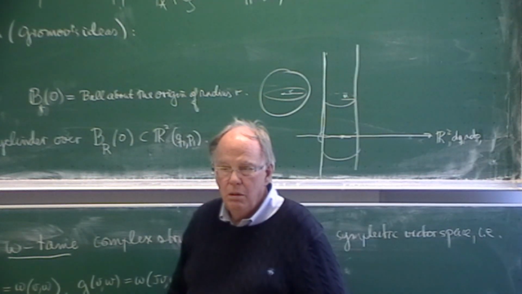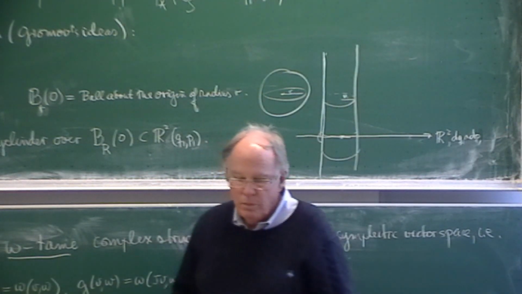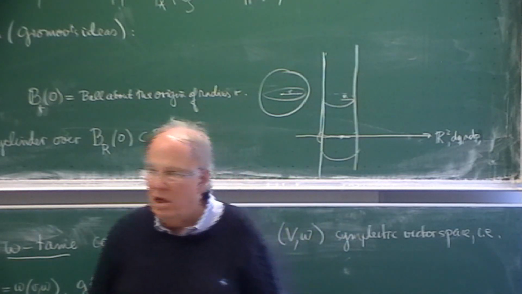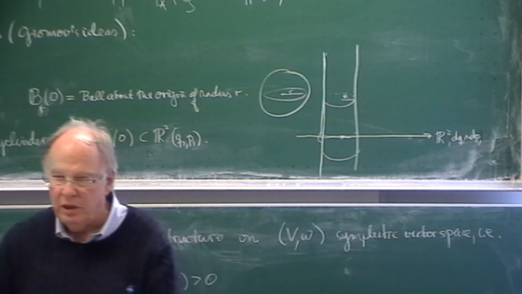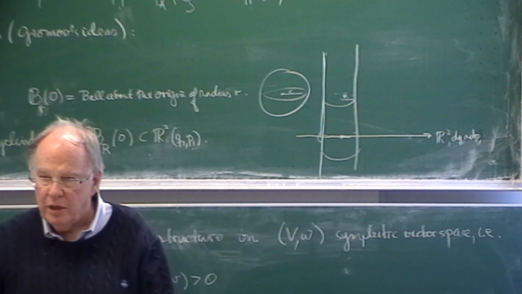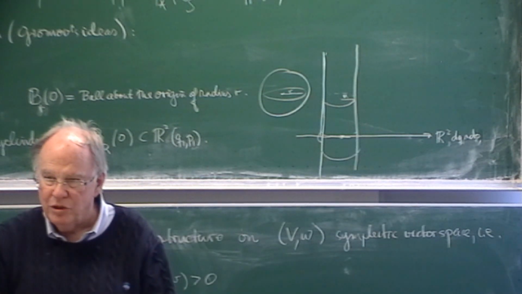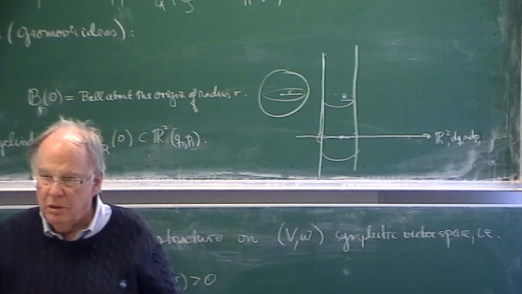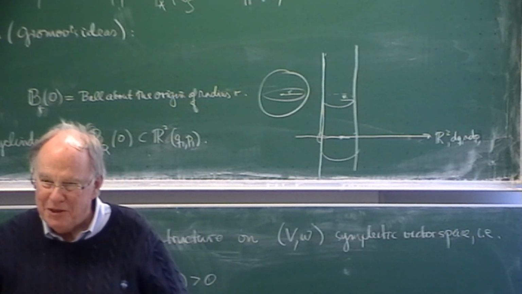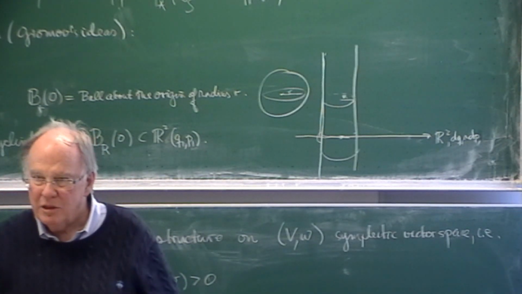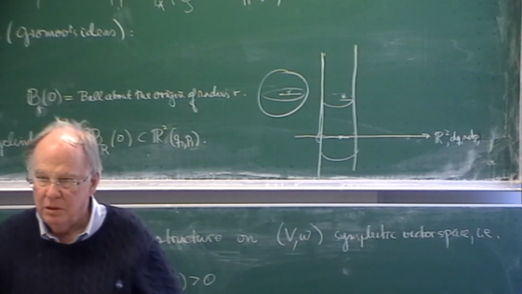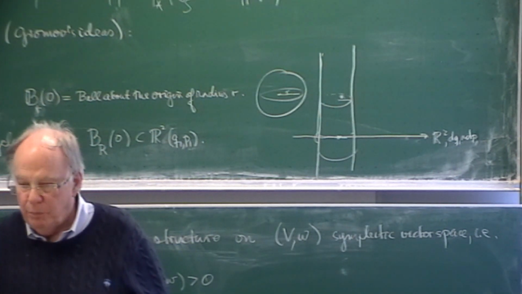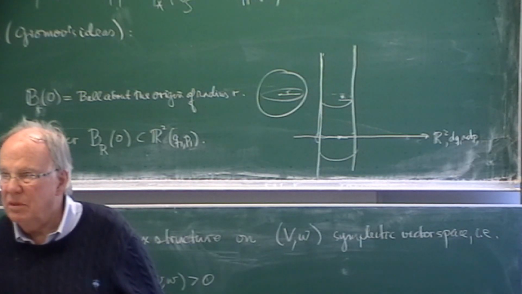What do you mean by over? A cylinder over something. That's classical geometry language. A cylinder over something, you have a projection. The projection is just the projection on the first two coordinates. And so you pull back everything, the pre-image under the projection. I'm sorry, I use this classical language. This is a cylinder over something.